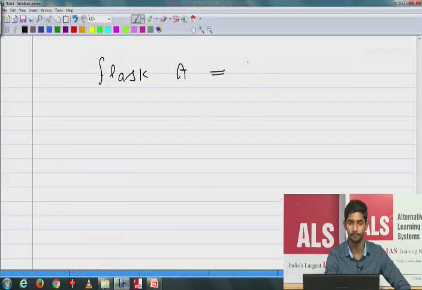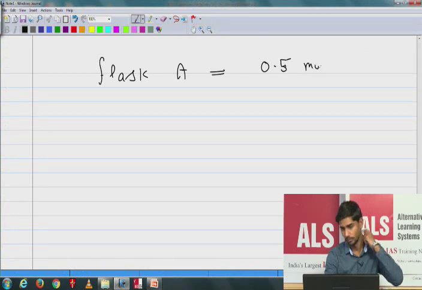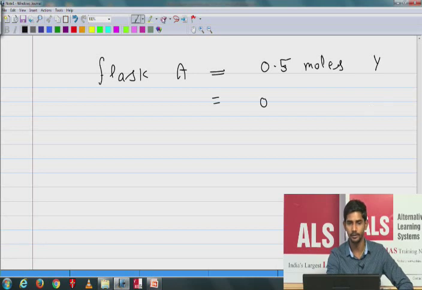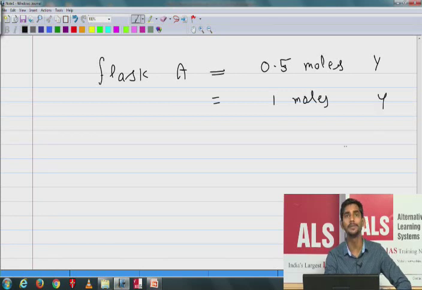Yeah, got it. It contains 0.5 moles. One second, it won't be B. Okay, 0.5 moles of a gas which is diatomic, of element Y, and 1 mole of again Y, means element is same.